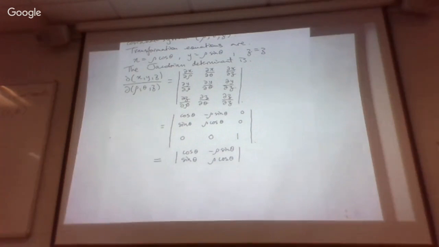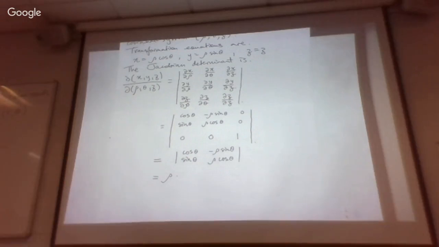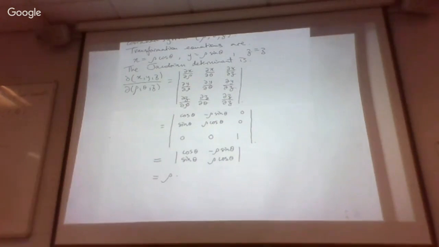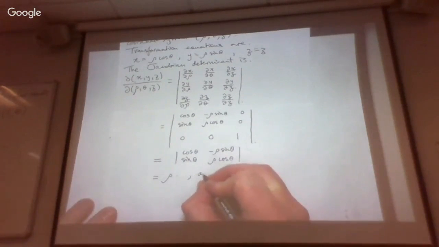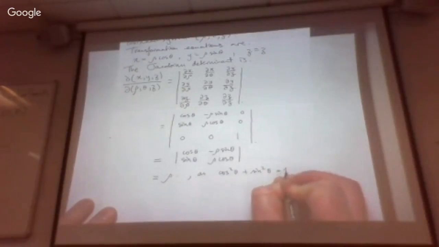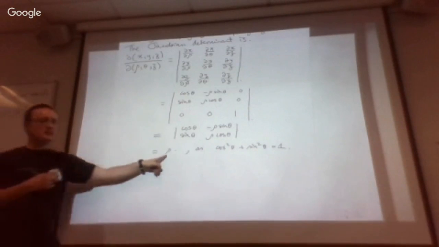And when you do it there, you get rho times cosine squared plus sine squared. Cosine squared plus sine squared is 1. All good? So we've got our Jacobian determinant. It's come out quite nicely as just the quantity rho.